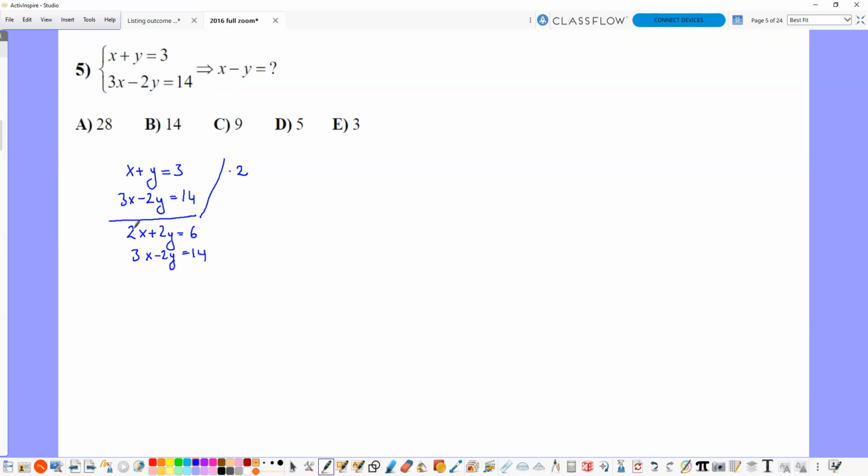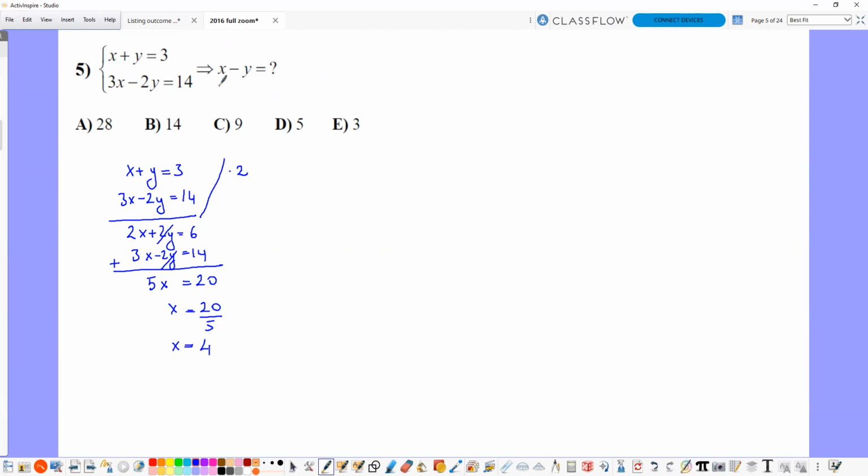When you add them side by side, I explained side by side addition many times, 6 plus 14, that's 20, and 2x plus 3x is equal to 5x, and 2y minus 2y simplify each other. So 5x is equal to 20, x is equal to 20 over 5, and x is going to be equal to 4. But this is not important for us because we need x minus y.